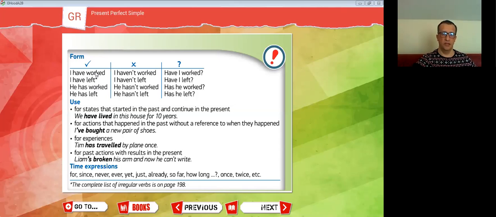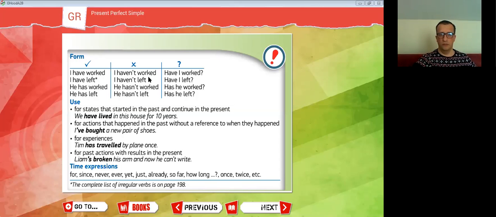And as you see here, the verb is in the third form. We use the third form, past participle form of the verb for present perfect tense.